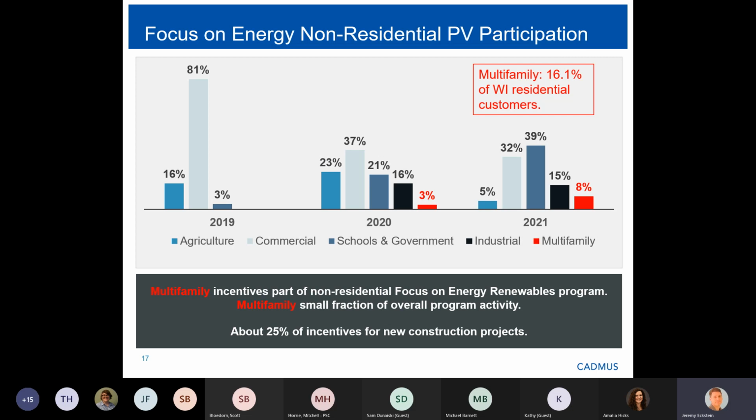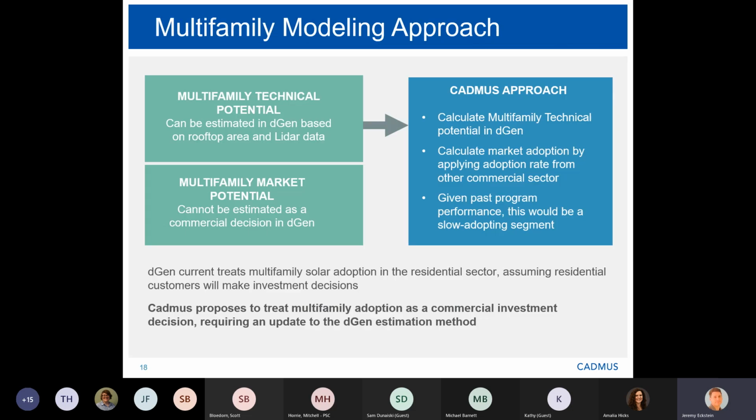And so we're of course interested in modeling multifamily potential, and the model currently treats multifamily as a residential investment decision.